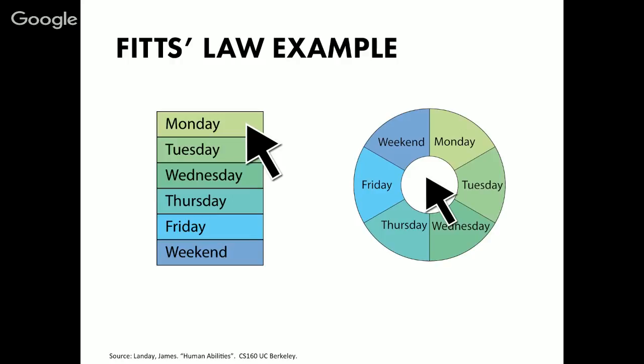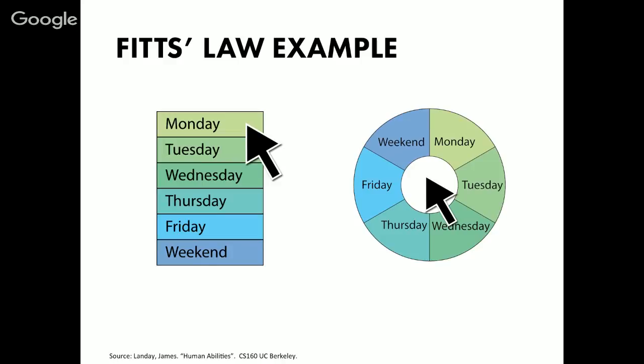Here's another one. Lots of you maybe don't encounter them as much, but these pie menus. Usually you pop a menu and you can scroll down Monday, Tuesday, Wednesday, so you move down this list. But if the task is choose Friday, then you can see the distance to Friday is a long way down.